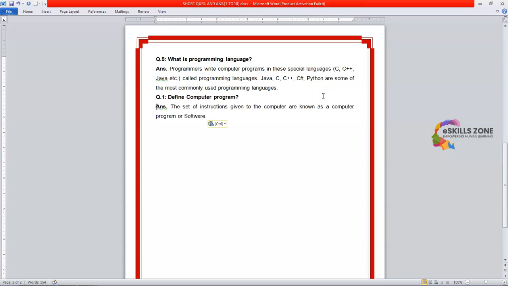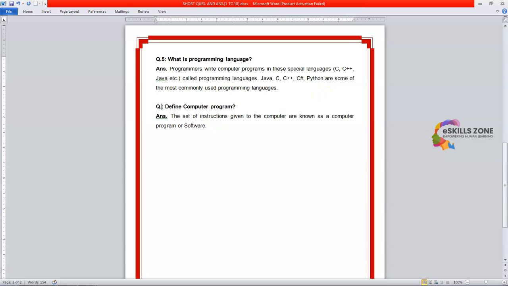Next number, question number 6. What is a programming environment?